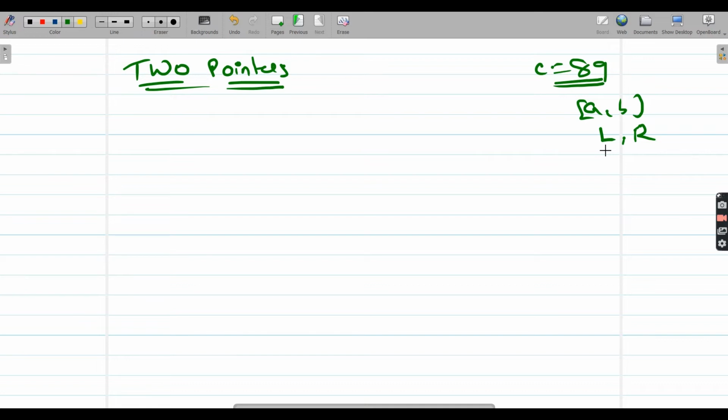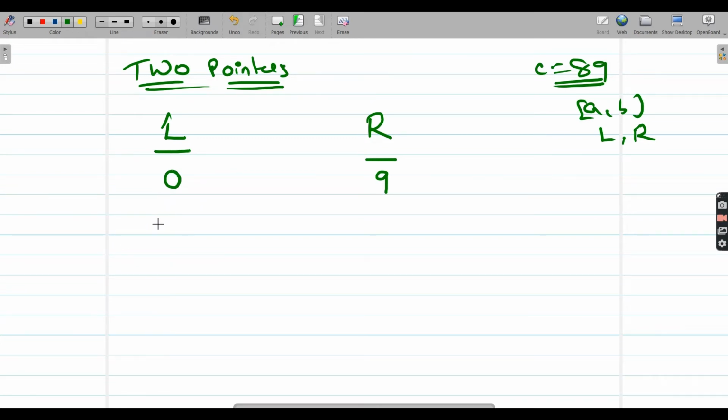I am assuming L comma R: my left pointer represented as L, right pointer represented as R. Initially I'm going to start L from 0, and start R at the square root of 89, which in this case returns 9.